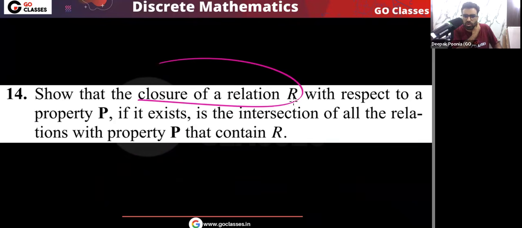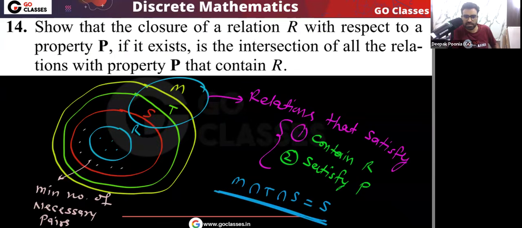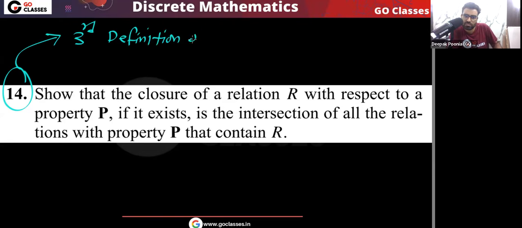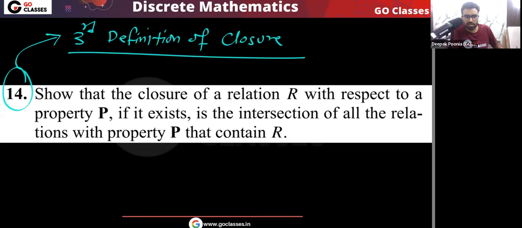Closure of a relation with respect to property P, if it exists, is basically the intersection of all the relations which contain R and which satisfy property P. You can consider this the third definition of closure that we have seen. Okay, I hope you understood.